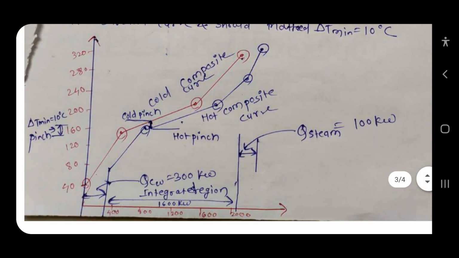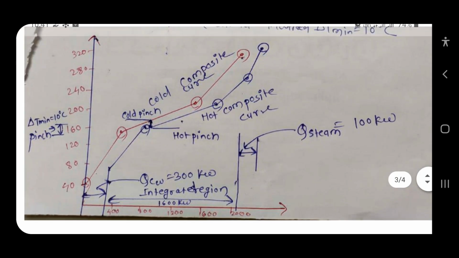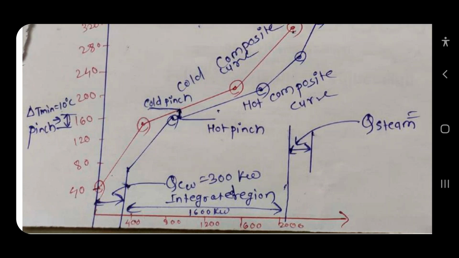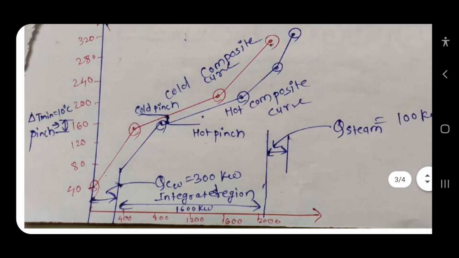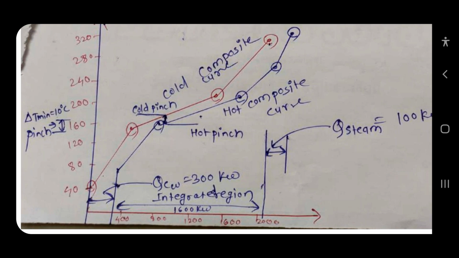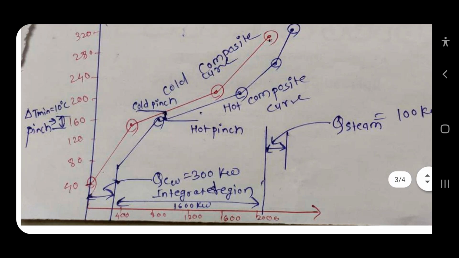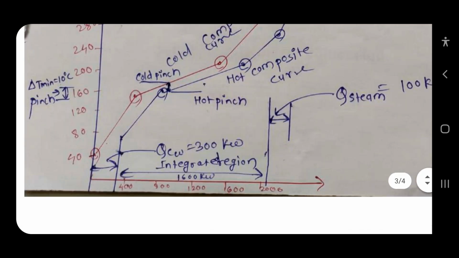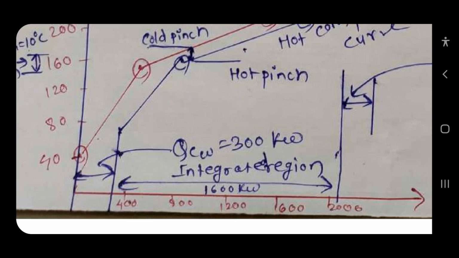Have a look at the pinch point. This pinch point occurs where my two curves are closest to each other. That is my pinch point. The section below the pinch is nothing but below pinch.